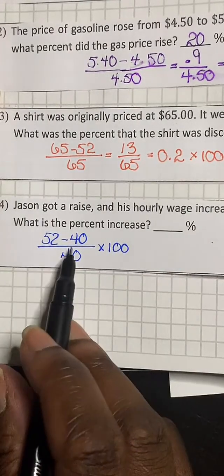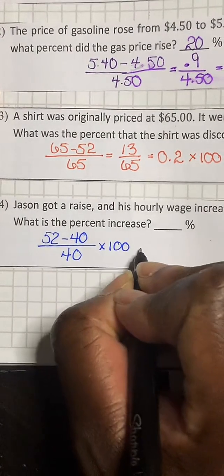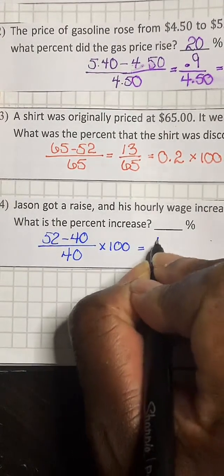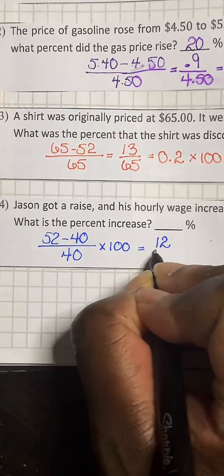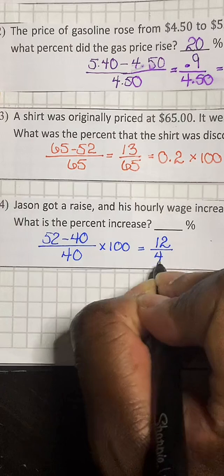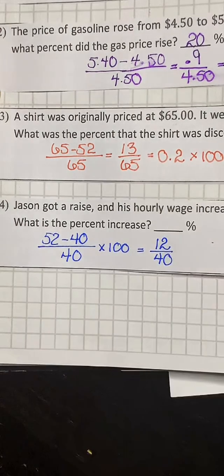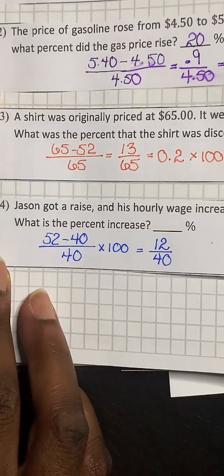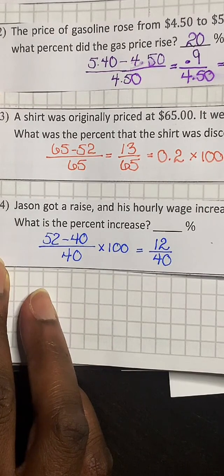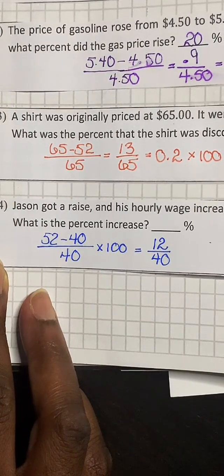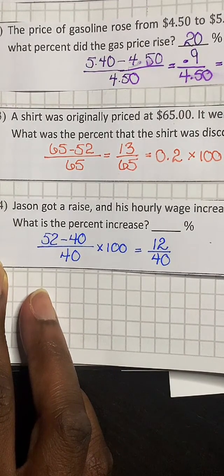So 52 minus 40 gives us 12 over 40. Even if I reduce that 12/40ths, I think what they have in common is just 2, if I'm not mistaken.